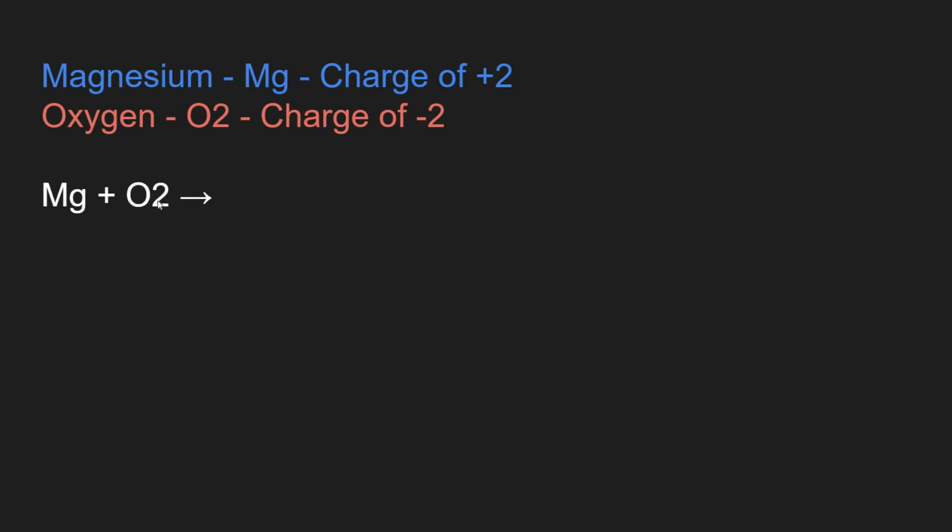So magnesium plus oxygen, I feel like this is quite explainable what will happen. It's going to make magnesium oxide. Magnesium oxide. I believe that's what it's called. And there must be two of them, because the magnesium has a charge of 2, which means there should be 2 oxygen, and the oxygen has a charge of -2, which means there should be 2 magnesium. So it's pretty simple to just put the 2 over here for explanation's purpose.